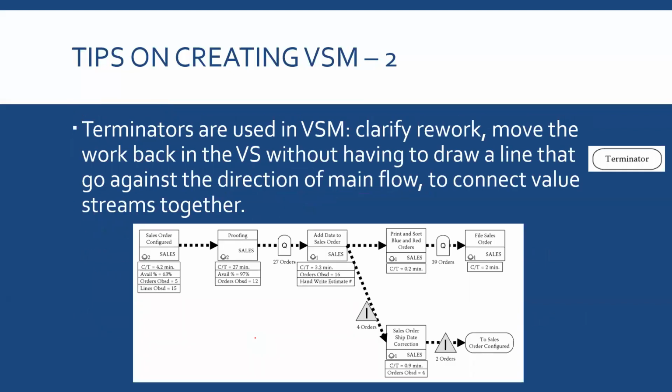Last thing about the value stream map, I want you to be familiar with something called terminators. Terminators are used in a value stream map to clarify rework, to move the work back in the value stream without having to draw a line that goes against the direction of the main flow, and to connect value streams together.